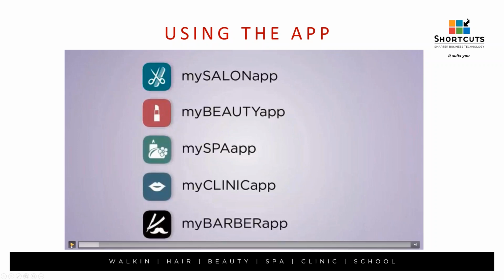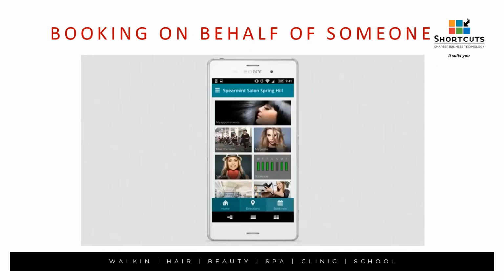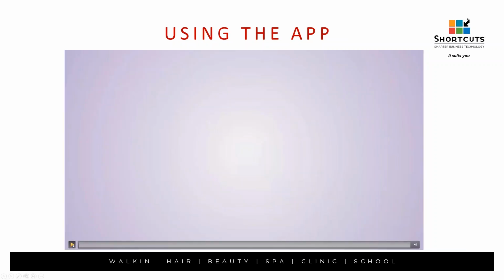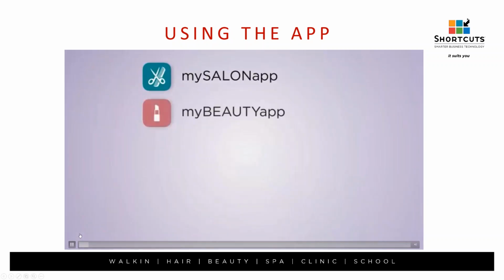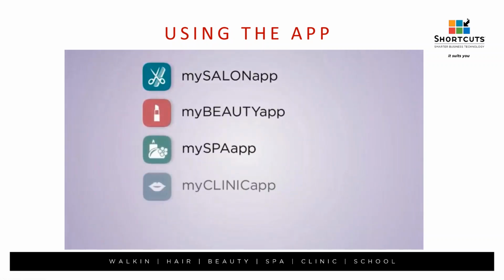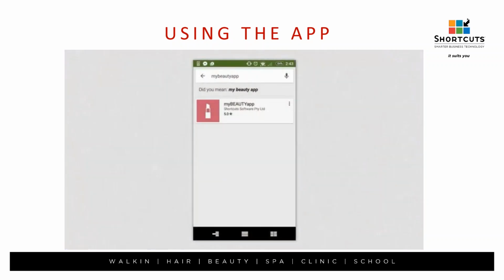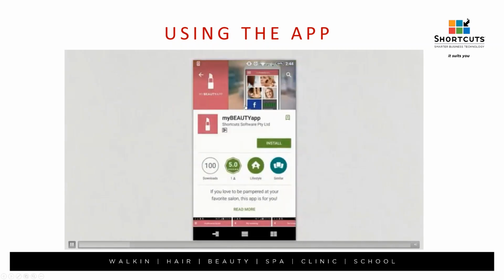Once you advise the clients which app to download, then advise them to go into their iTunes App Store, or if they're using an Android device, the Google Play Store, and search for the My Beauty app or My Salon app, etc. They will then need to install the app.